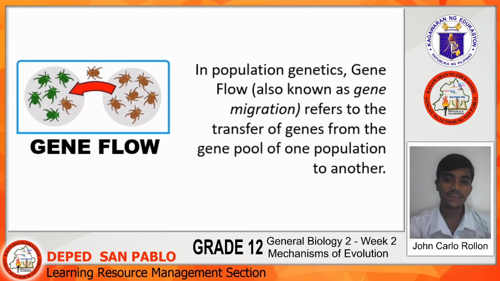The last mechanism of evolution is the gene flow. So in population genetics, gene flow is also known as gene migration, which refers to the transfer of genes from the gene pool of one population to another.